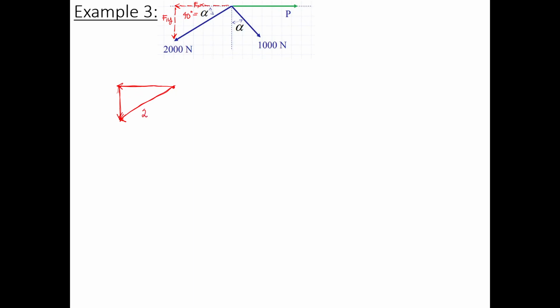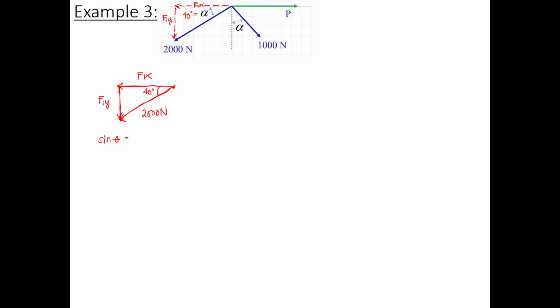So this one is 2000 newtons. This one is 40 degrees. This one is F1x, F1y. Again, if we're going to use our basic principles of trigonometry, let's start with the sine function first.